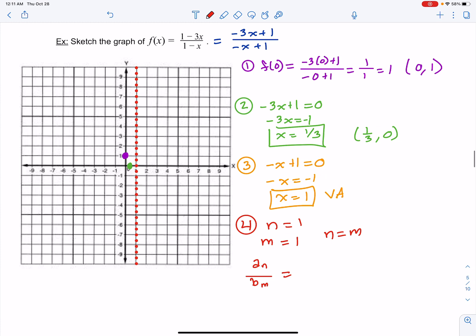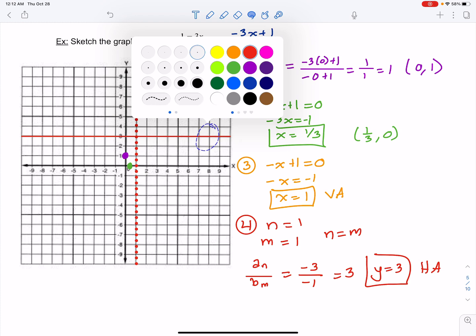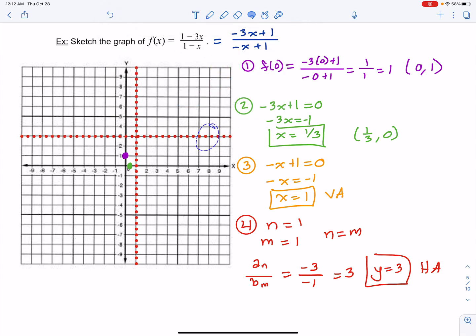That would be negative 3 over negative 1, or positive 3. So y equals 3 is a horizontal asymptote. It's all the way up here. And again, this is not actually a part of our function, so it's not a solid line. It would be a dotted line. It's a guideline for us to draw our function in.